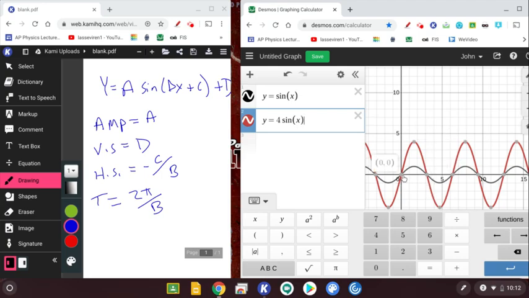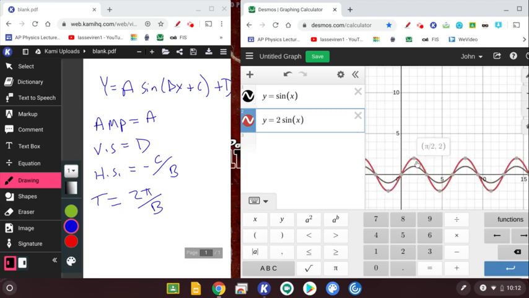It still has the same points where it crosses the equilibrium, or the x-axis. And so we are seeing the amplitude go up by a factor of 4. If I change that to a factor of 2, it doesn't go as high. It only goes up 2. So that's your amplitude.